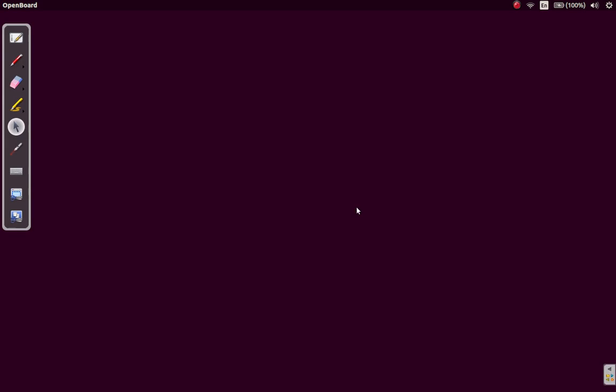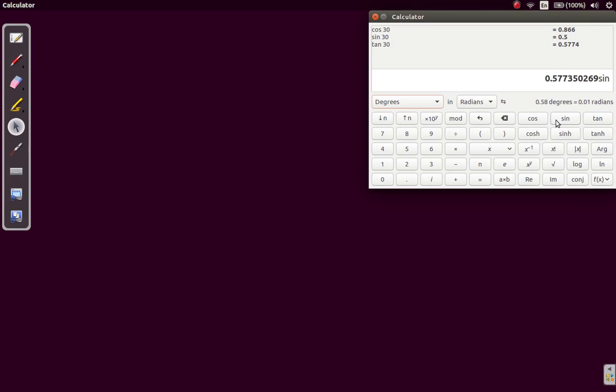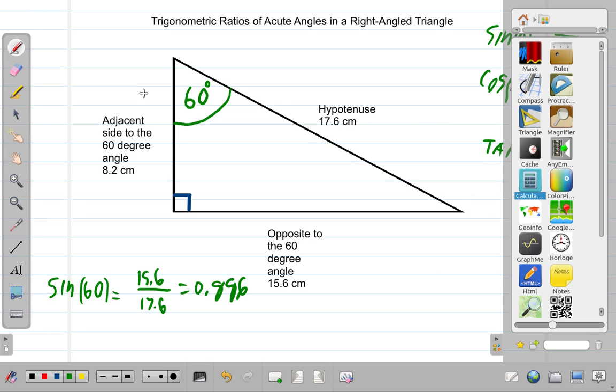Sine 60 with the calculator. Sine 60 equals 0.866. Alright. So that's 0.866, the accurate value. But anyway, that's kind of close.